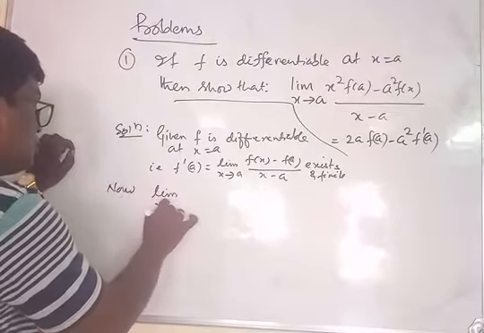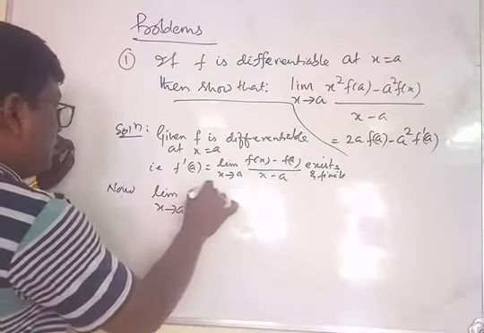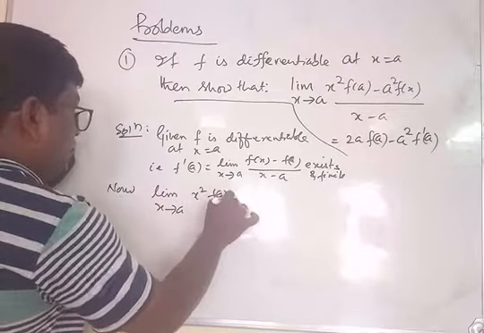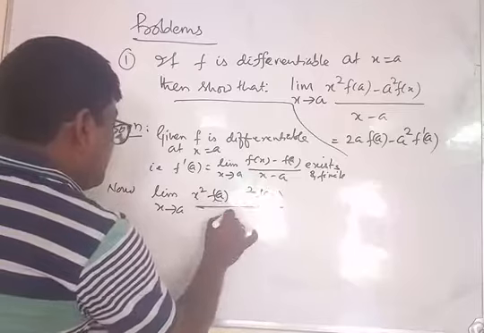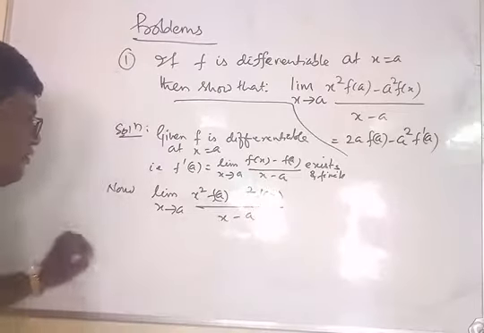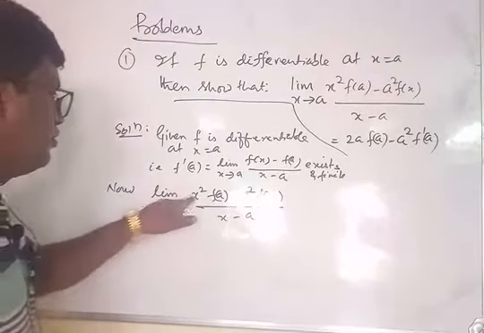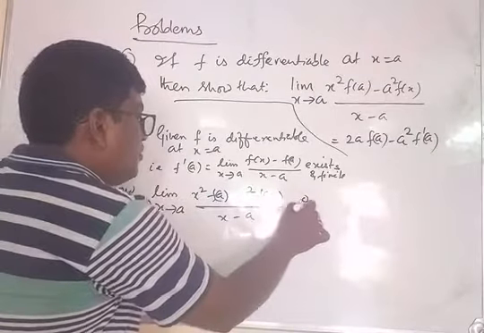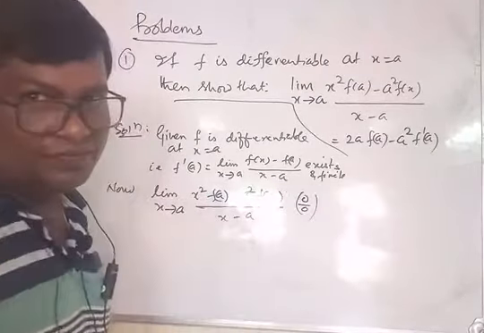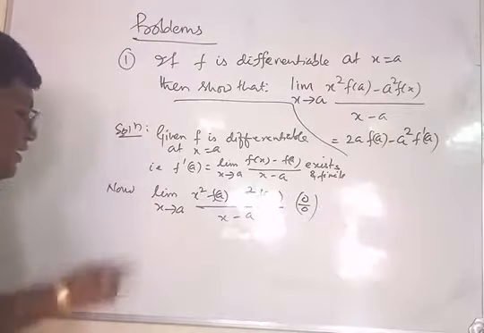Now, limit x tends to a of (x² f(a) − a² f(x)) divided by (x − a). If you put x equal to a, the numerator is 0 and the denominator is 0, so this is a 0 by 0 form. We cannot put x equal to a directly.